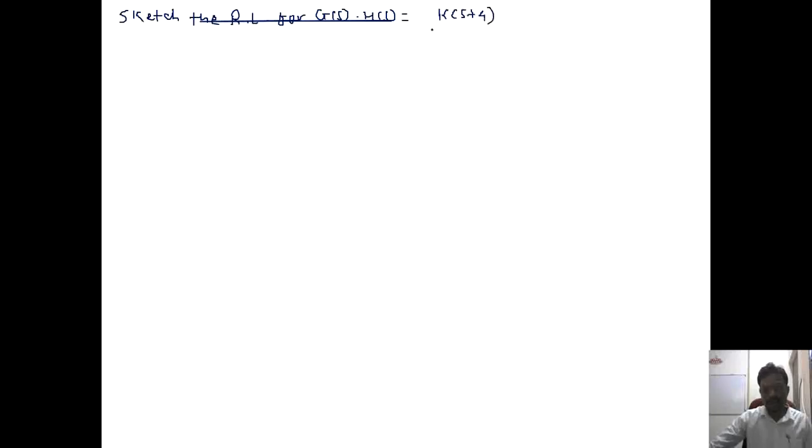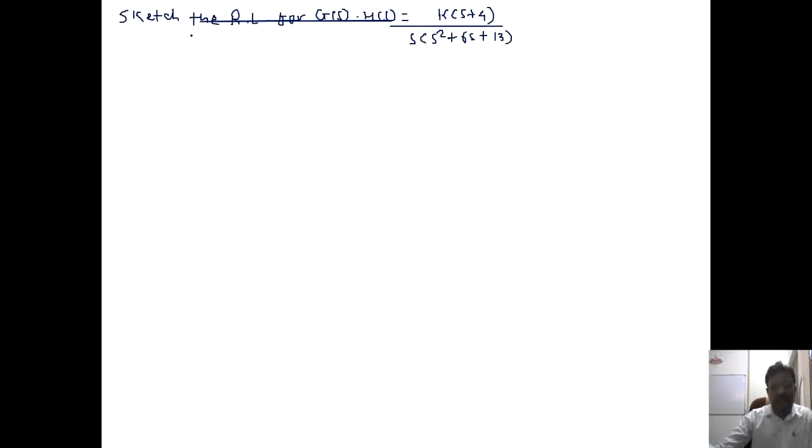So the numerical is: sketch the root locus for G(s)H(s) equal to K(s + 4) divided by s squared plus 6s plus 13.